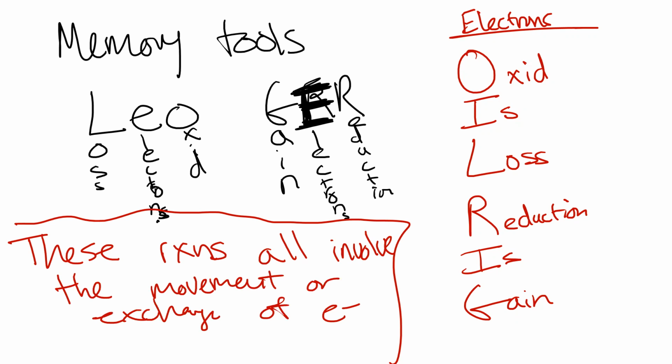We're watching the electrons move. We're watching them be exchanged. That is what this is all about. Okay, so now you can see the generalizations there. Number of electrons lost or gained can be predicted based on the position of the element in the periodic table, blah, blah, blah.